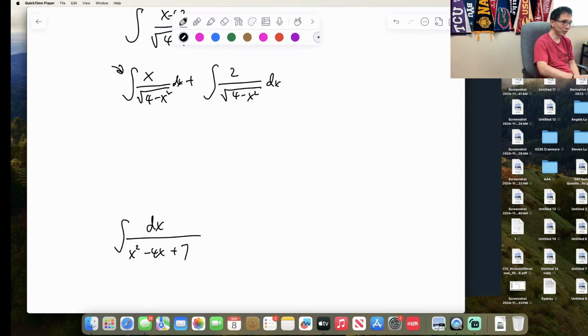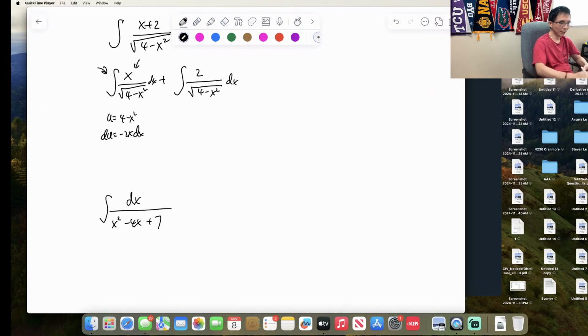So one of them is u equal to 4 minus x squared, because du is equal to negative 2x dx, which is the x right here. Always think about u equal to, and always think about du. In this case, I can see du already.